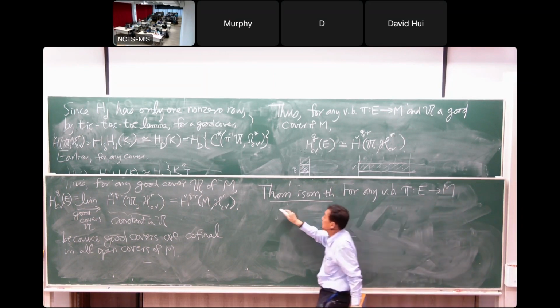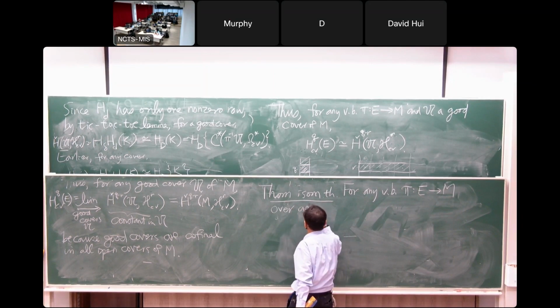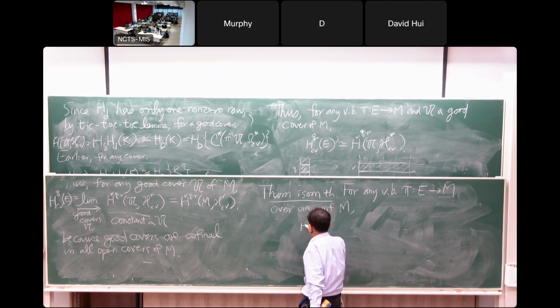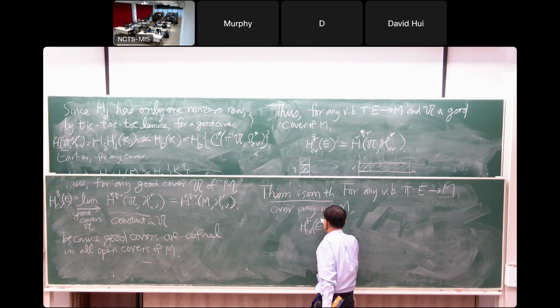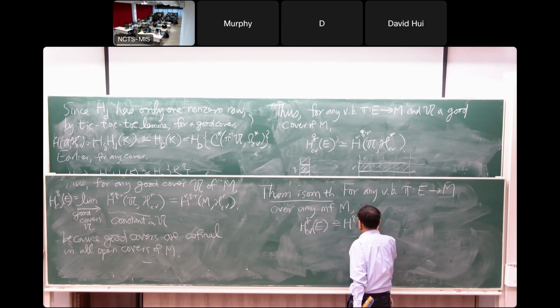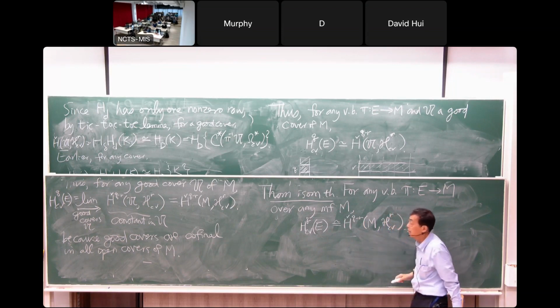Over any manifold, the cohomology with compact vertical support of E is isomorphic to the Čech cohomology of the base, but with coefficients in this pre-sheaf. Okay?